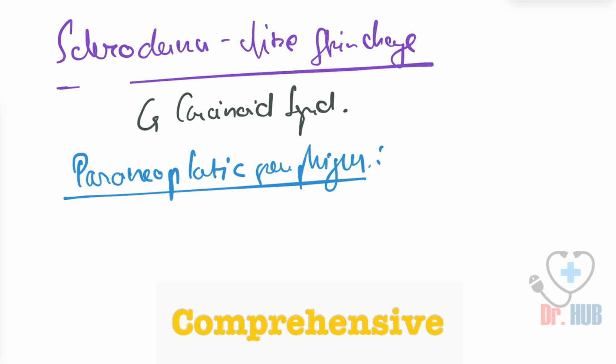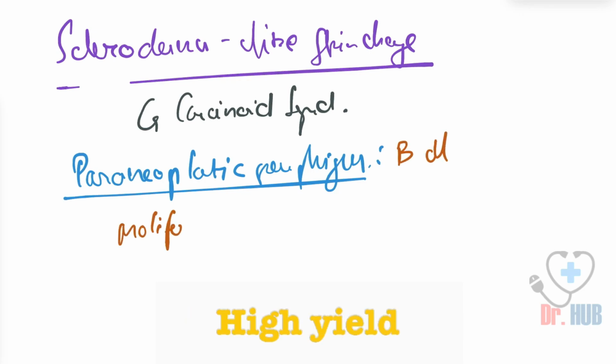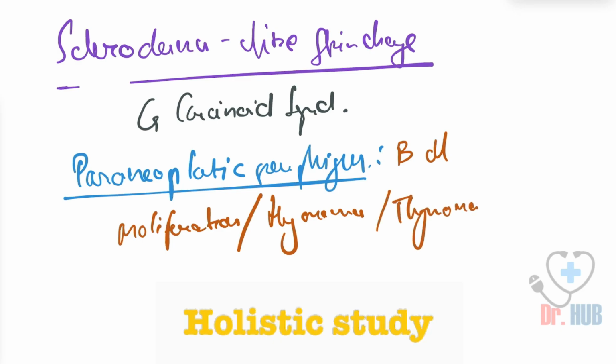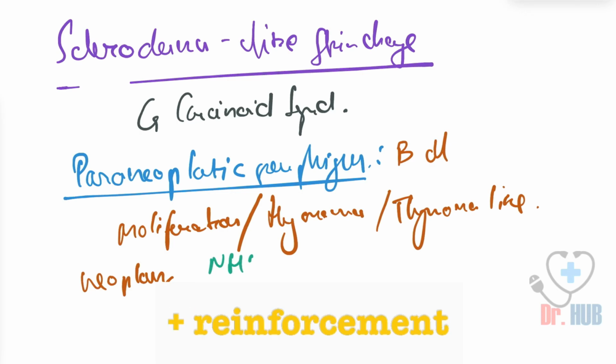The malignancy commonly associated is B cell proliferation, as well as thymoma or thymoma-like neoplasms, and specifically it includes non-Hodgkin's lymphoma, that is NHL.